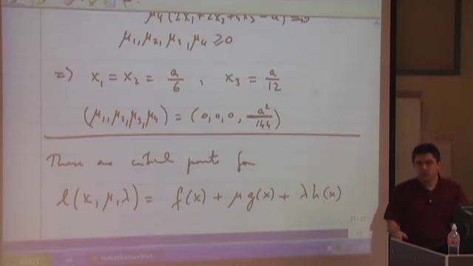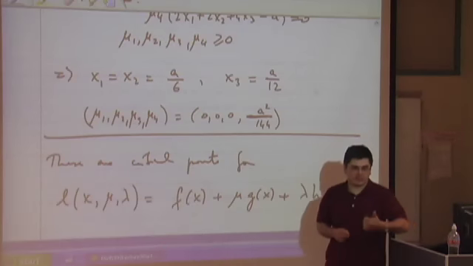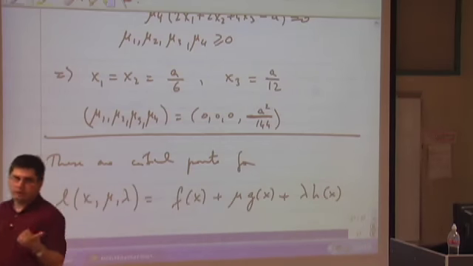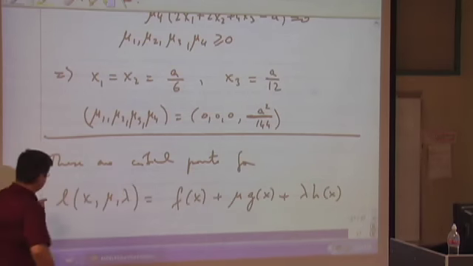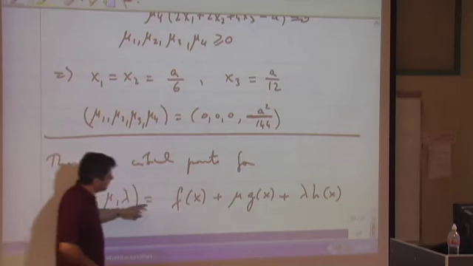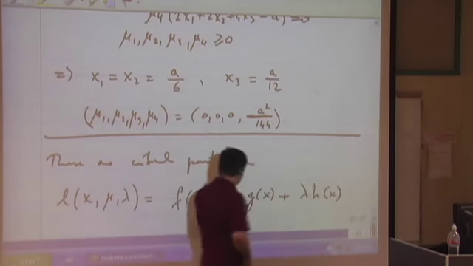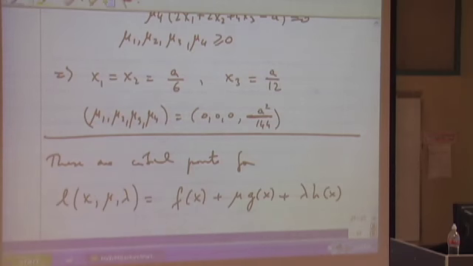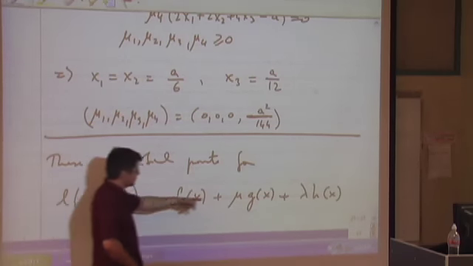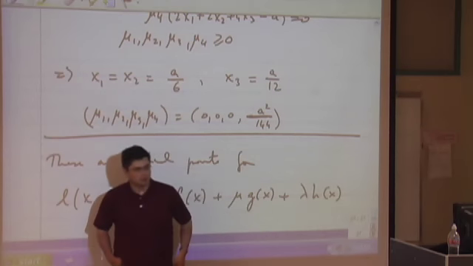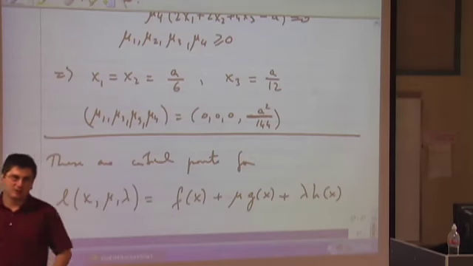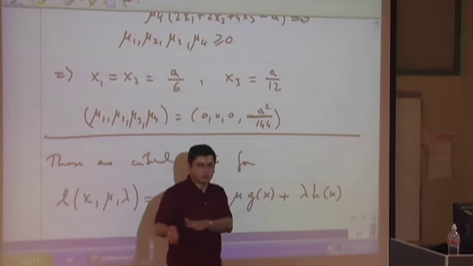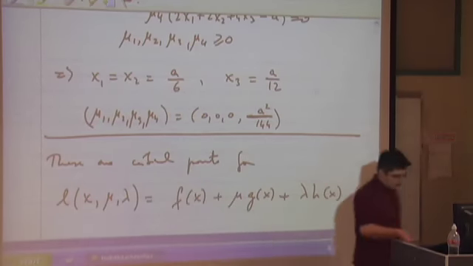Because in the end, the gradient of this with respect to x is 0. The gradient with respect to lambda is 0. And with respect to mu, is it 0 or not? The gradient with respect to mu is g of x. So it's not really critical points, because the g may not be equal to 0 in all components.